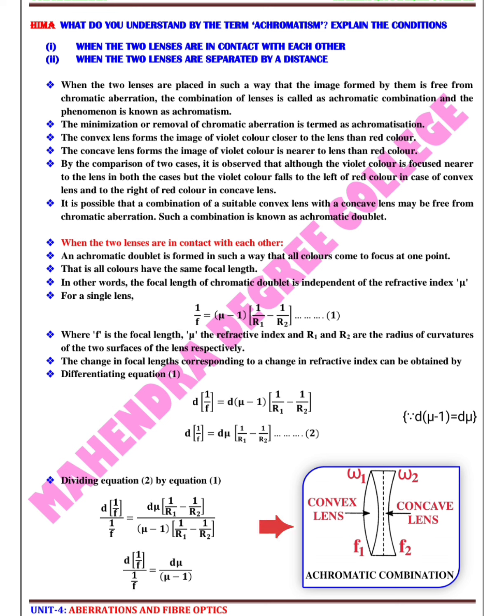The image illustrates an achromatic combination of lenses, which is a system designed to correct chromatic aberration, a common optical defect, where the convex lens on the left side is labeled with f1, the focal length of the convex lens, and omega 1, the dispersive power of the convex lens material.